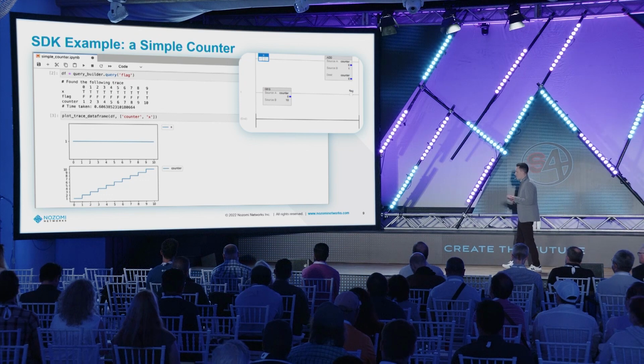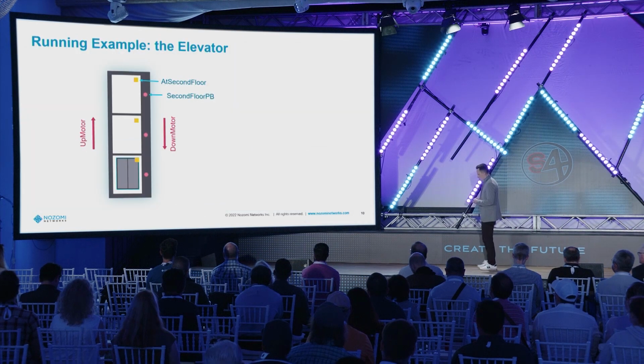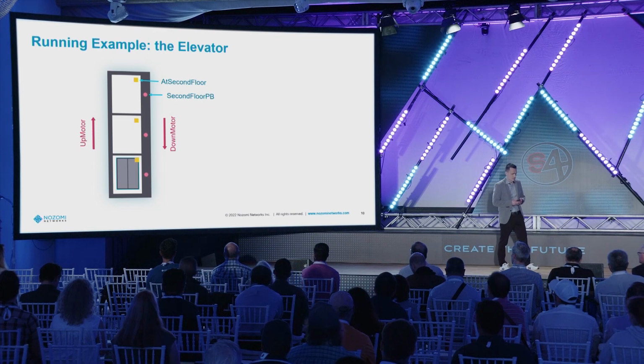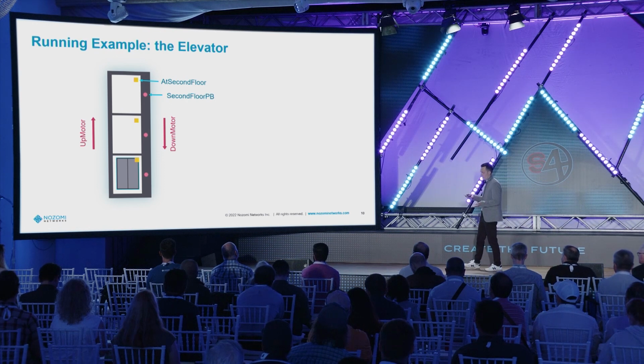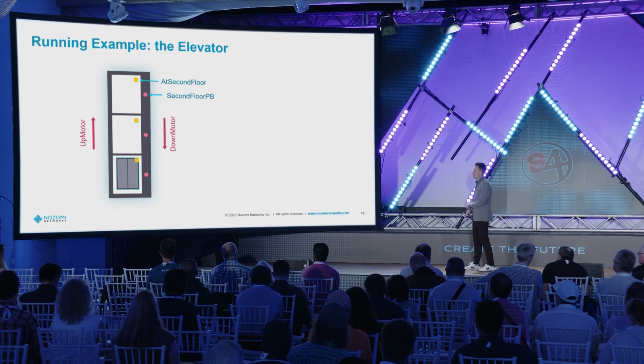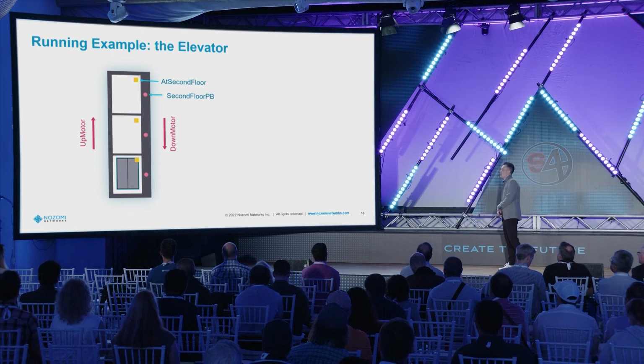To show something more involved, I will now introduce another example. It's a simple example of an elevator. It's a classical elevator where the cabin can go up and down in 3 stories. There is a motor that can move the elevator up and down. So we have 2 output signals, up motor and down motor, that are able to move the elevator. And there are some buttons.